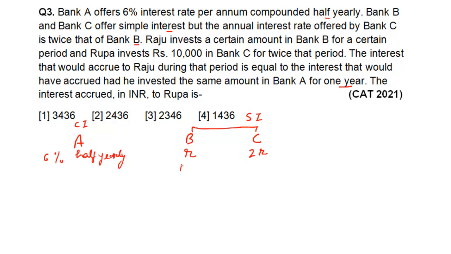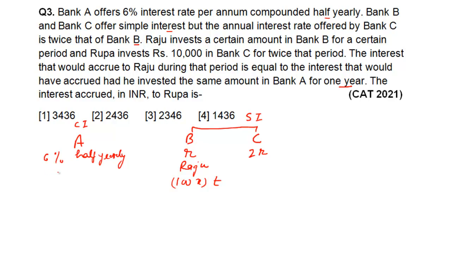Raju invests in Bank B. Suppose he invests 100x money for time t; we do not know the time, but it is given in the question that had he invested the money in Bank A, he would have got in 1 year the same interest he is getting in Bank B.